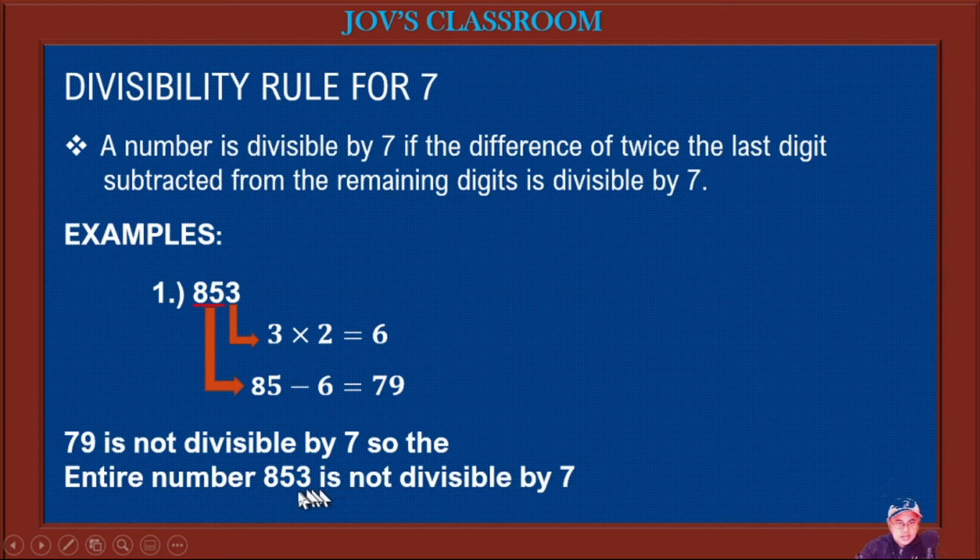So the whole number 853 is not divisible by 7. If you did not satisfy the divisibility rule for 7, then the whole number is not divisible by 7 because 79 divided by 7 is not a whole number.